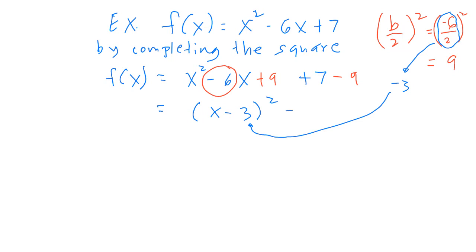That's -2. Okay, so at this point, you know what the vertex is. So the vertex, this is our h here. So h would be this. Our k would be this one. So the answer would be 3, comma, -2.